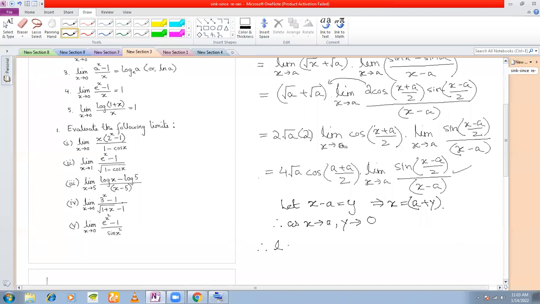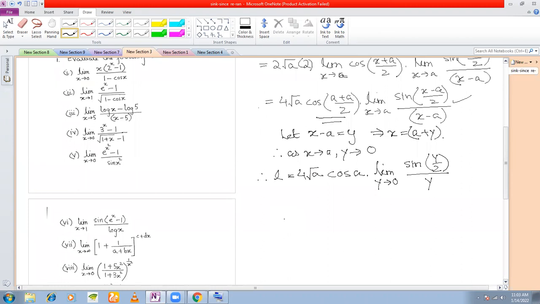Therefore, now this limit becomes 4 root a, and this cos (a plus a) by 2 simply becomes cos a, into, now we change this variable of this limit to y. So this becomes limit y tends to 0 sin y by 2 divided by y, since x minus a is y.